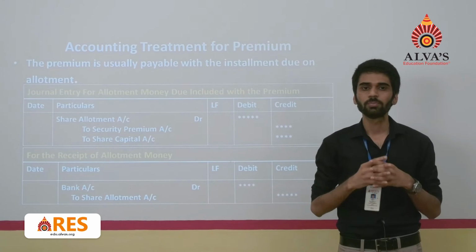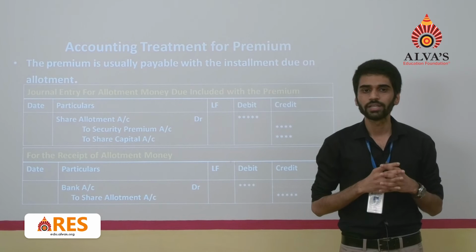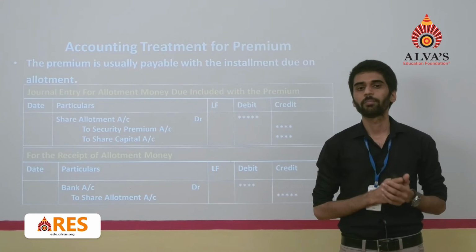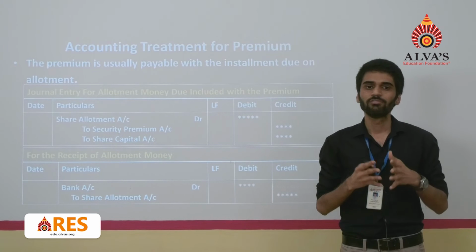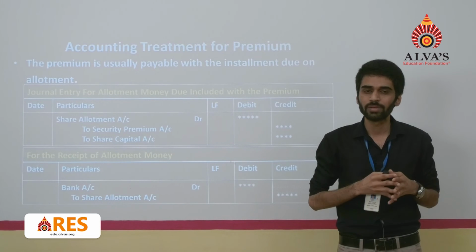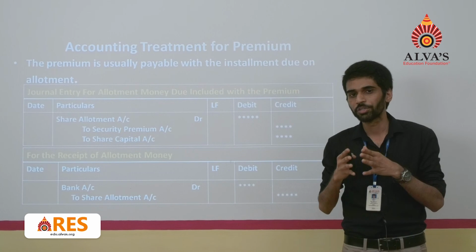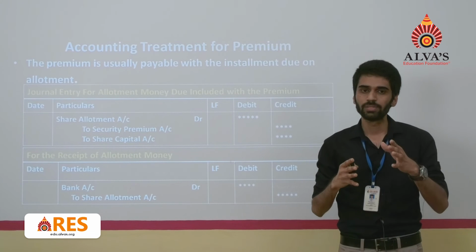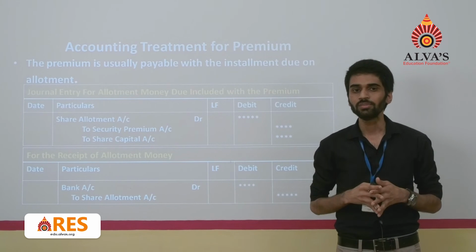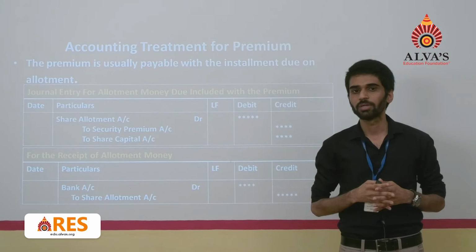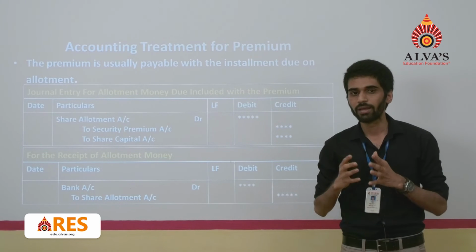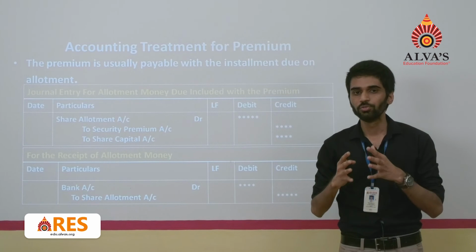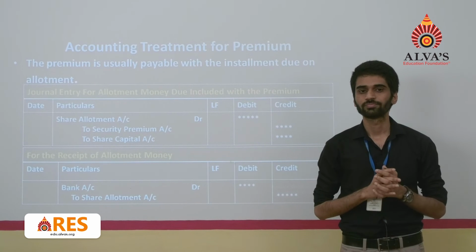The entry that has to be passed is share allotment account debit, to securities premium account, to share capital account. In the usual cases, we were passing the entry for the allotment money due, that is share allotment account debit to share capital account. But while collecting the premium, there should be a separate provision for the premium in the name of securities premium account, and the entry will become share allotment account debit to securities premium account to share capital account.